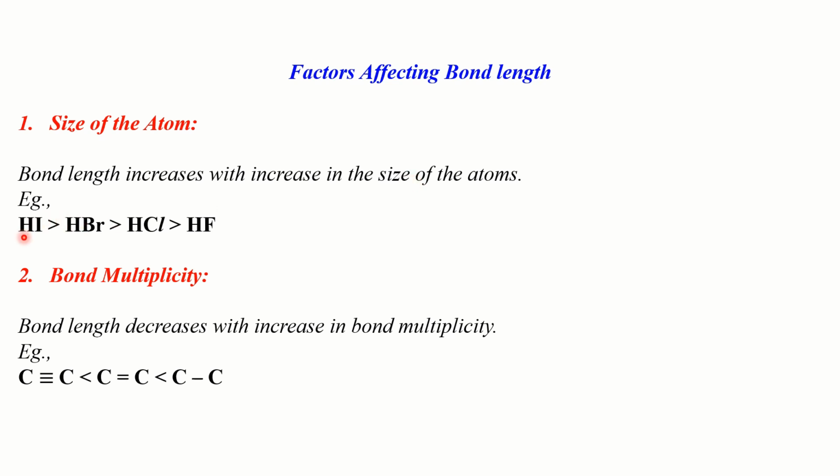For example, here we have arranged the hydrides of halogens in the order of decreasing bond lengths. The bond length of hydrogen iodide is the largest and the bond length of hydrogen fluoride is the shortest. This is because iodine in hydrogen iodide is larger in size than fluorine in hydrogen fluoride.